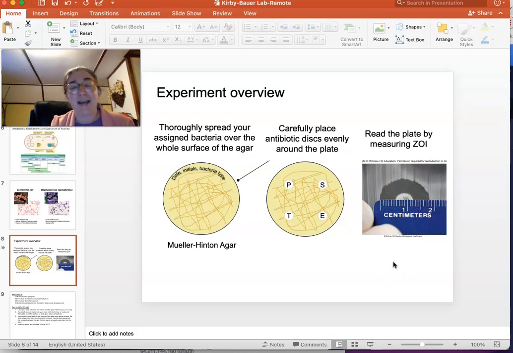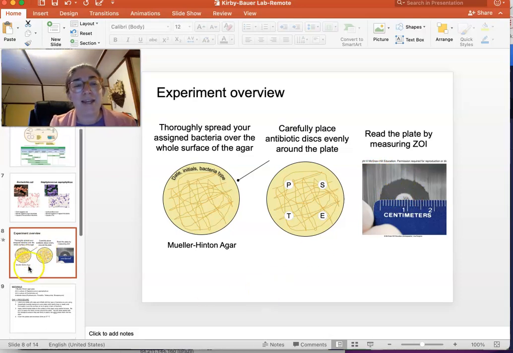And so today's task would be to measure that zone of inhibition and determine whether the bacteria was resistant, sensitive, or somewhere in the middle, intermediate, to that antibiotic.